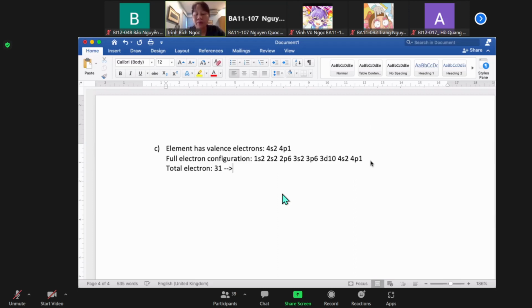So which element? This is gallium. Okay. This is in group 3A. Okay, you will see it has 3 electrons in the valence shell. Okay, so it's correct. It's gallium.